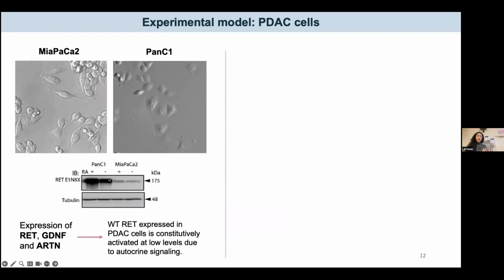PANC1 cells exhibit higher levels of expression when compared to MiaPaCa-2, but both express RET and GFLs, GDNF. Additionally, both cell lines also express the co-receptors GFRα1 and GFRα3, along with their ligands, GDNF and artemin. And as a result, the wild type RET expressed in these PDAC cells is consistently activated at low levels due to autocrine signaling.